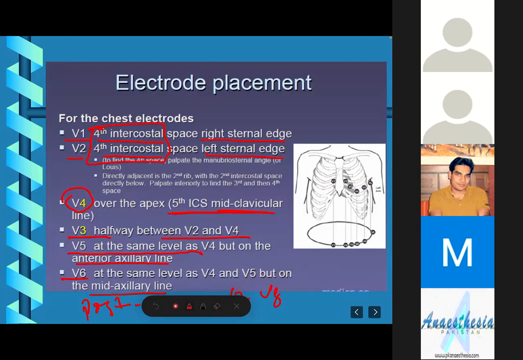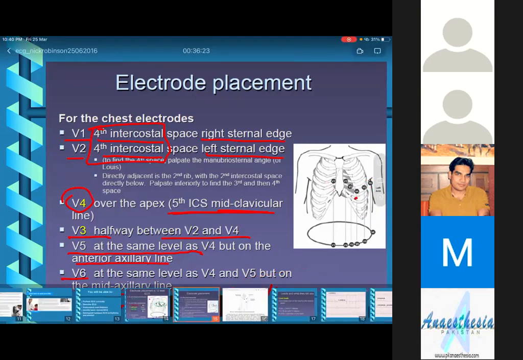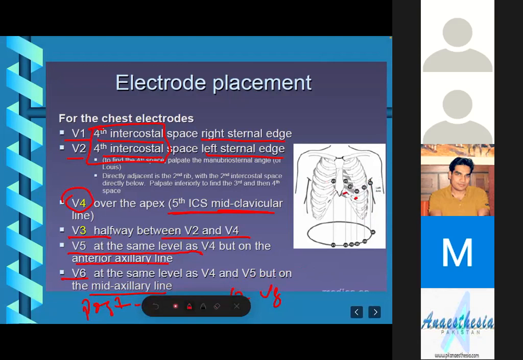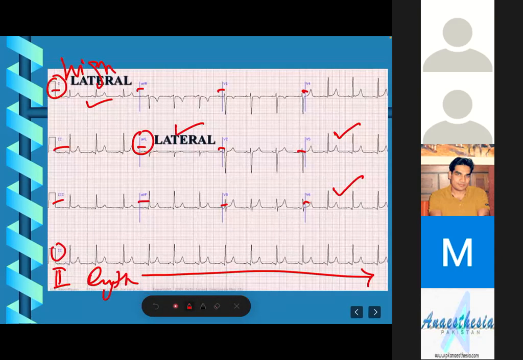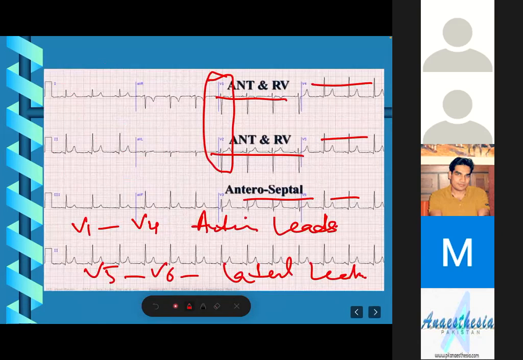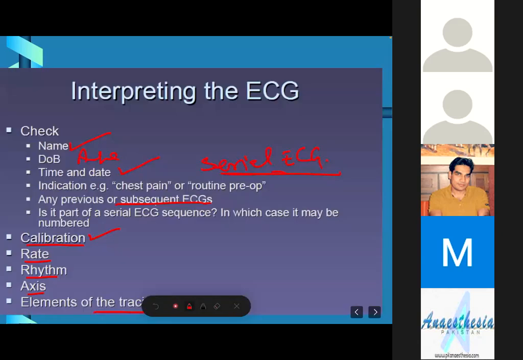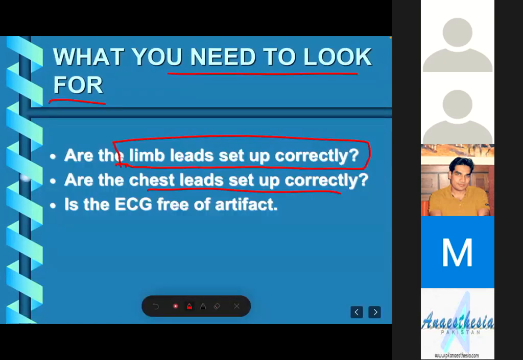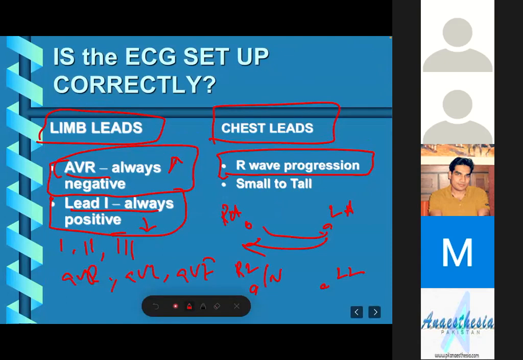If we place the leads too far from the heart, like the fifth intercostal space is normal and we place them in the sixth intercostal space, then the heart is farther away and we get poor R waves on the ECG. There are multiple causes of poor R wave progression, which we will discuss later, but we could have poor R waves because of poor lead positioning. The R waves are formed too small.